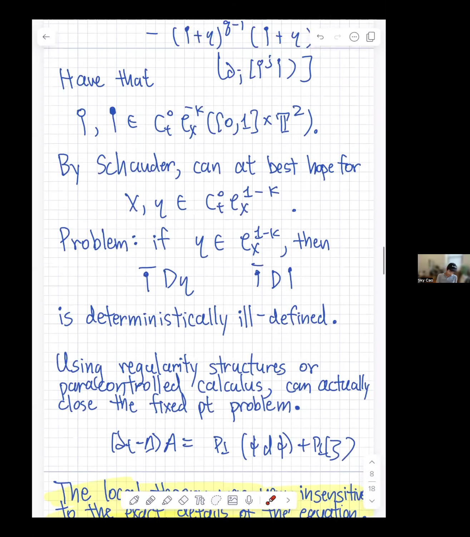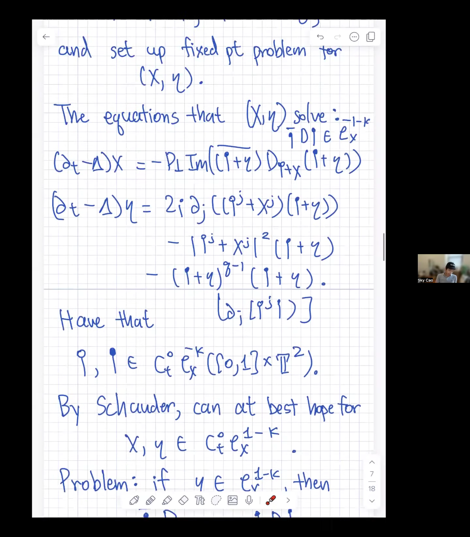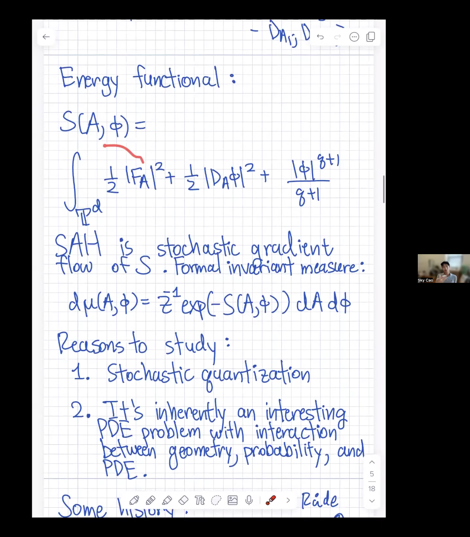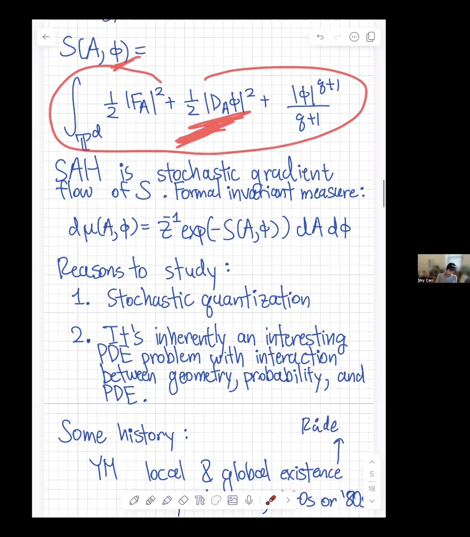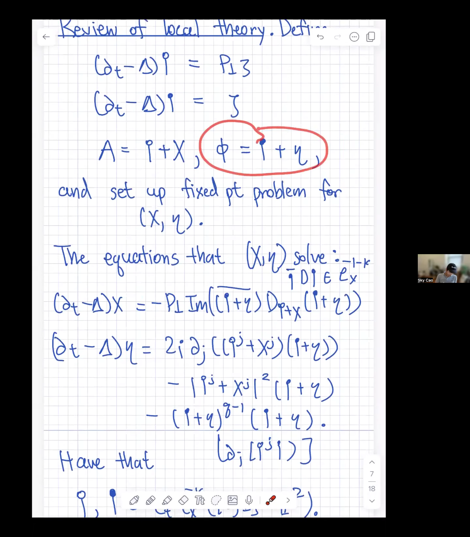if we want to say something about, for instance, this energy functional, we cannot do it for the whole solution, because the whole solution is at negative regularity, right? This thing definitely requires phi to have regularity 1, because I'm taking the derivative and taking the L2 norm of the derivative of phi. But you see in the stochastic setting, phi looks like this, and this is at regularity 0, or 0 minus.